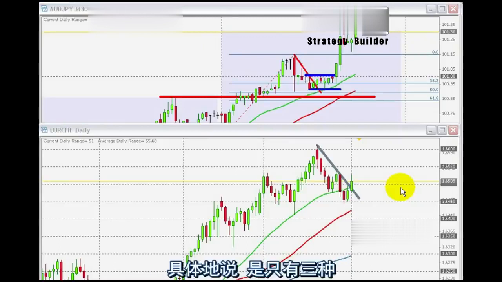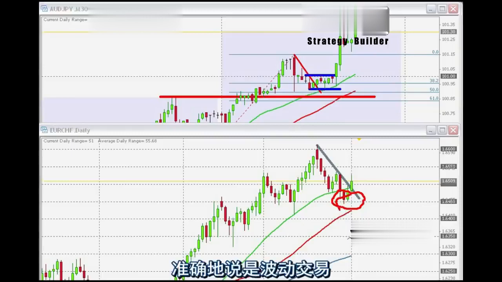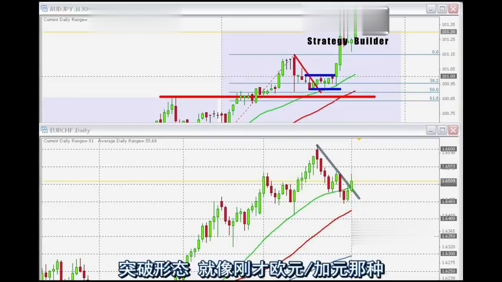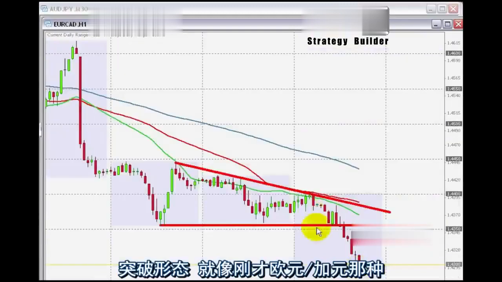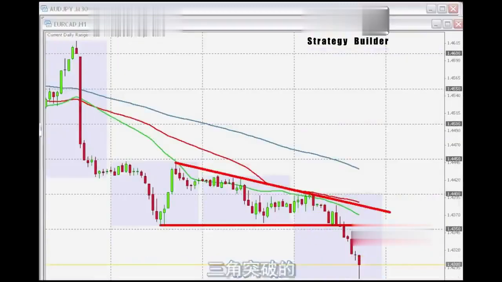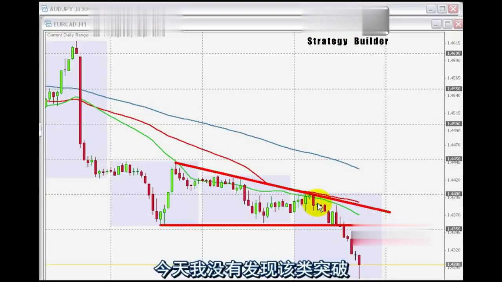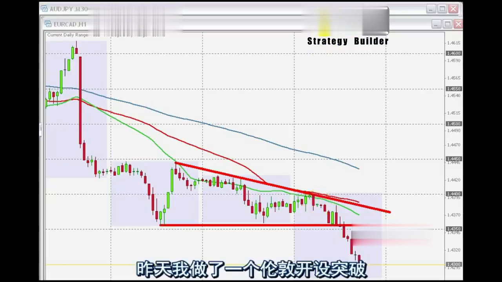I only take 3 types of setups: the trend trading, which is this one, swing trading to be more accurate; breakouts, which is the one I've just shown you on the Euro Canadian dollar, this triangle breakout; and the London Open breakout. Today I didn't see any London Open breakout trade.